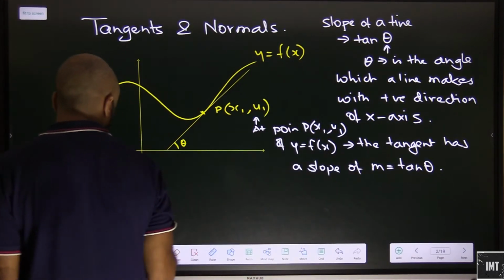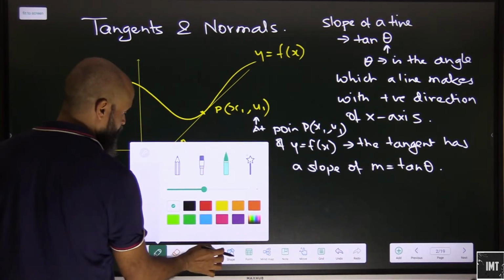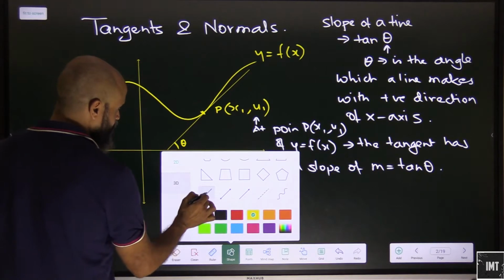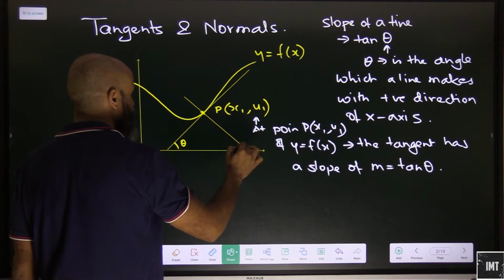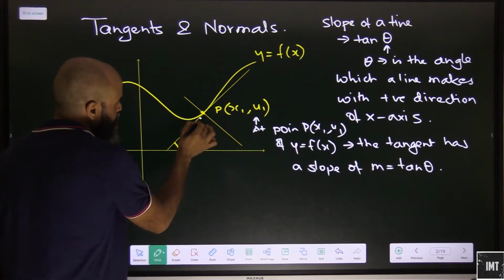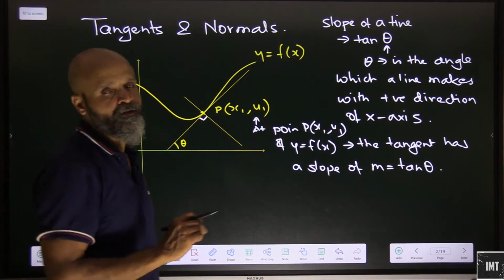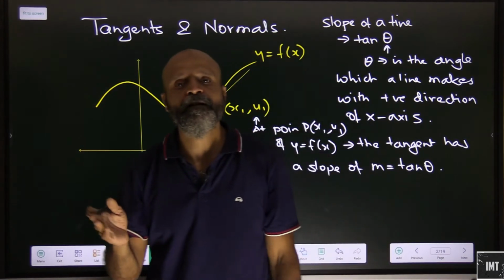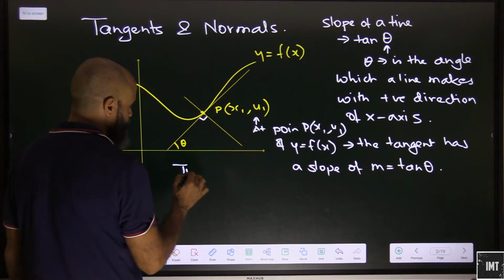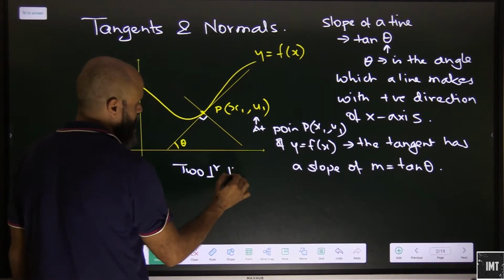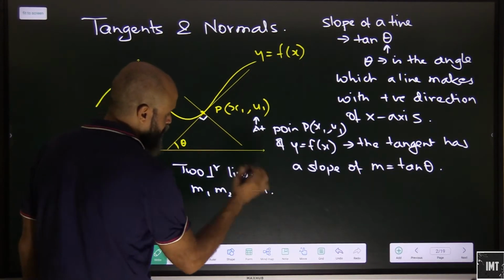Now if we draw a normal at this point, the normal goes like this. This is basically the normal. Normal means this is perpendicular to the tangent. So we can see that the tangent as well as the normal are perpendicular to each other, and we know that two lines which are mutually perpendicular will have m1 times m2 equal to -1.